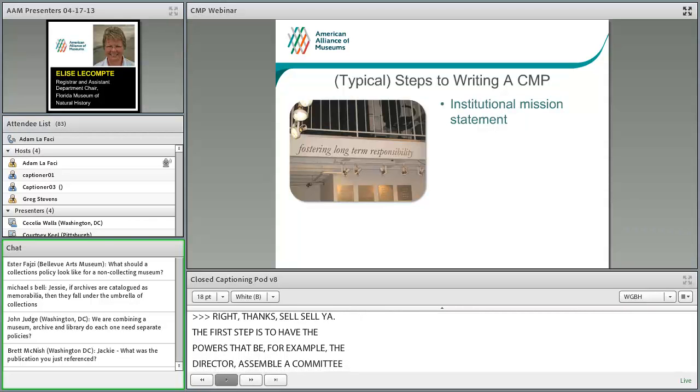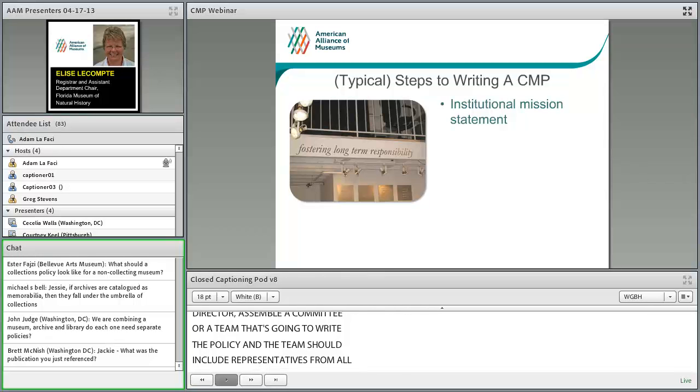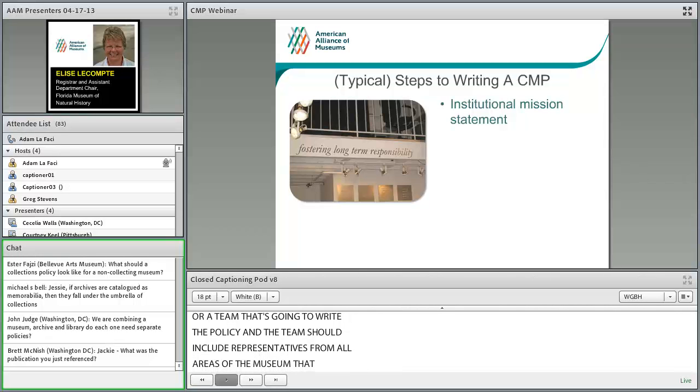And the team should include representatives from all areas of the museum that interrelate with collections activities. So people from administration, collections, of course, exhibits, education, and security, to name just a few. It's the input from the variety of viewpoints that will ensure that a policy supports the institutional mission and that staff members will support it as well.